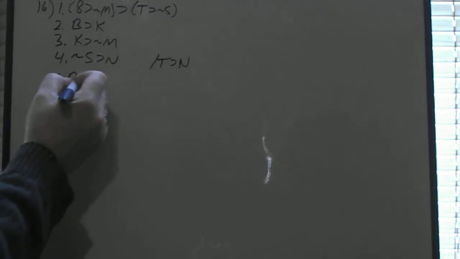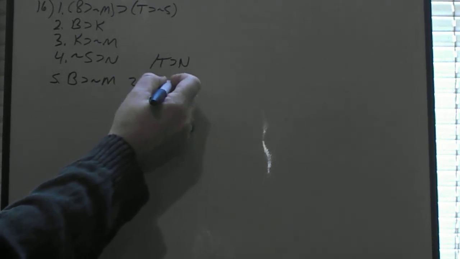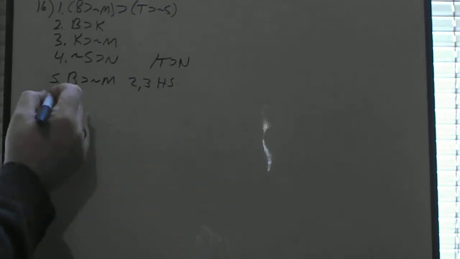All right, so looking at this one, it's a little bit perhaps trickier in terms of what has to be done here. But I think the thing I recognize first off the bat is that 2 and 3 would make a hypothetical syllogism. If B, then K. If K, then not M. Therefore, if B, then not M. 2 and 3, hypothetical syllogism.